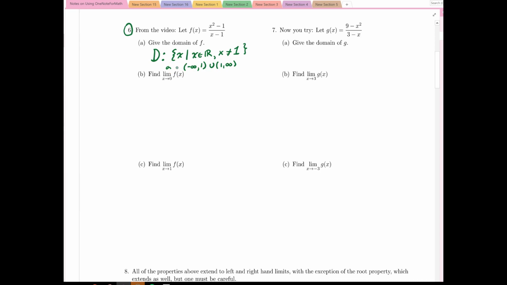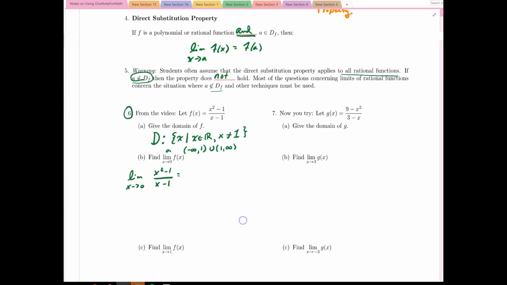So now I'm going to ask you to compute the limit as x approaches 0 for this function. So we're looking at the limit as x approaches 0 of x squared minus 1 all over x minus 1. Well, what's the big result here?